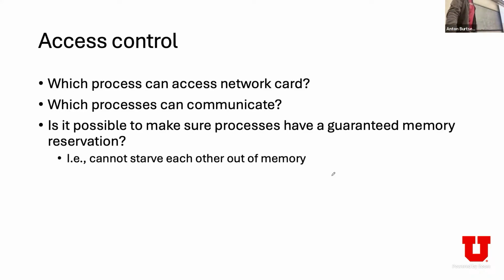Okay, got it. So finally, access control. That's kind of tricky. Microkernel people were not able to settle on an answer for questions like which process can access a specific device, or which process can map or unmap a specific page of memory.